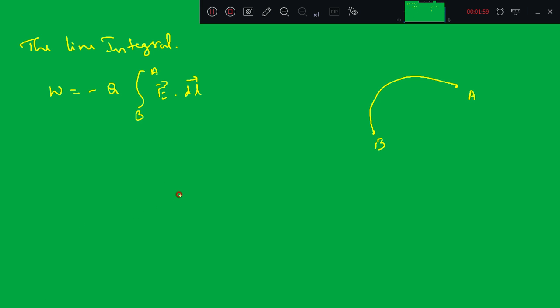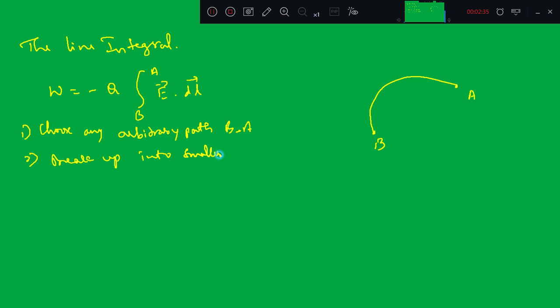The mathematical procedure involved in such a line integral is, first, we need to choose any arbitrary path B to A. B to A is the path. Then break it up into smaller segments.